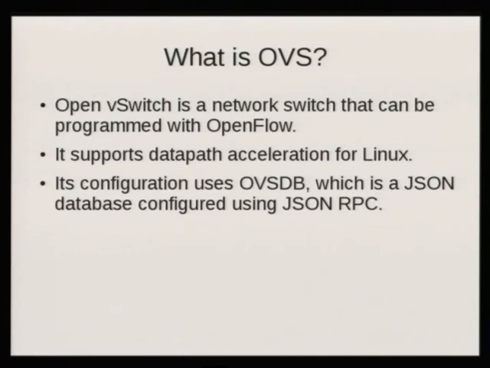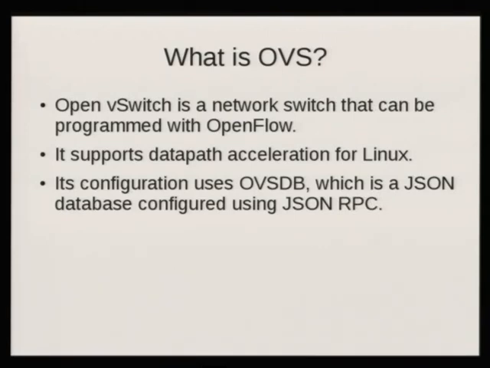So if you have plans in your future to work on a hardware switch with OpenFlow, good luck. It supports data path acceleration for Linux. Jerry has talked about some of that. I'm going to talk more about Userspace here, but I'll show you how the design allows that data path acceleration to work.